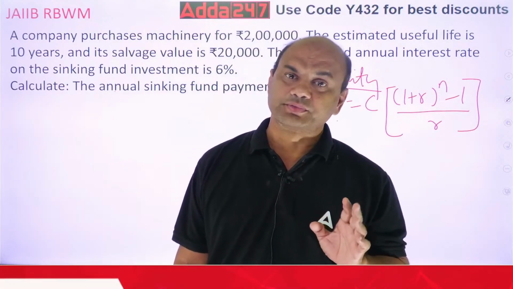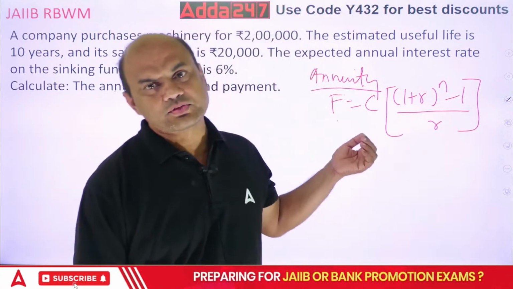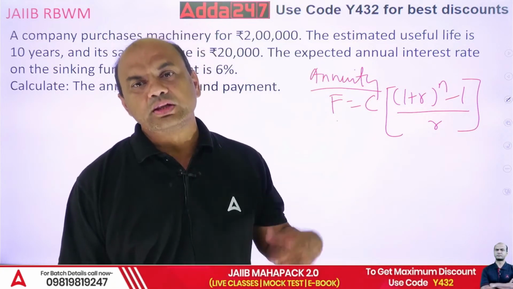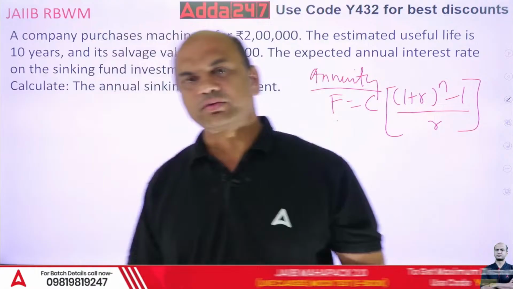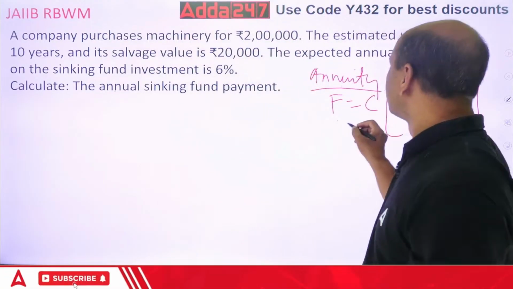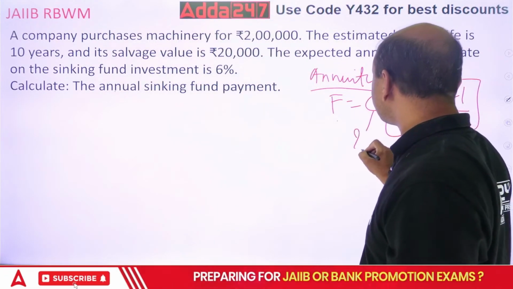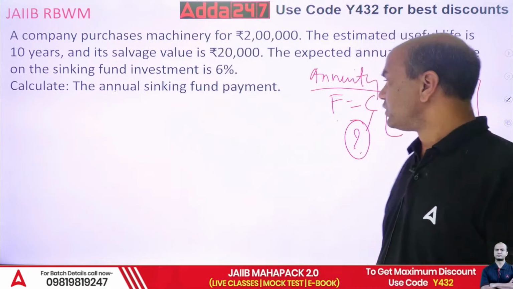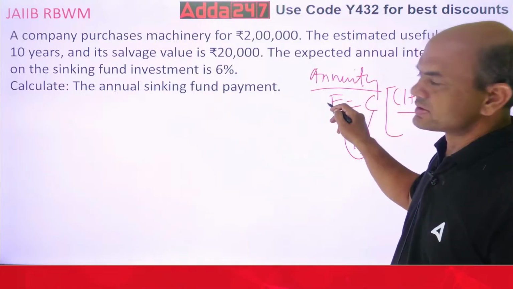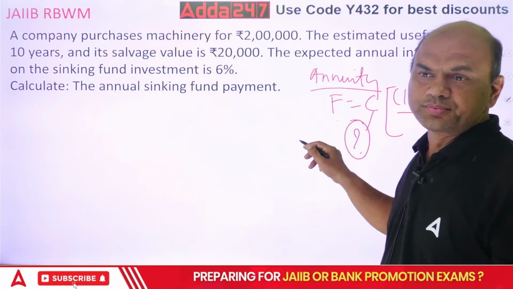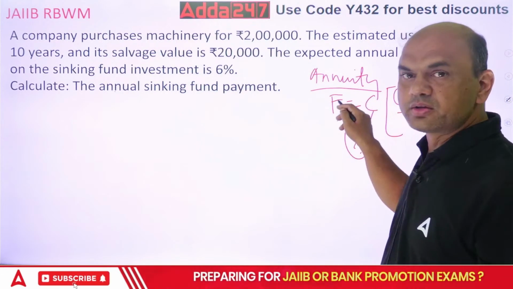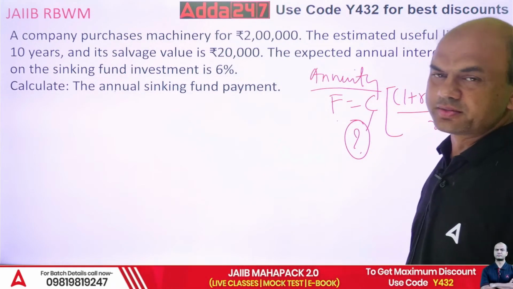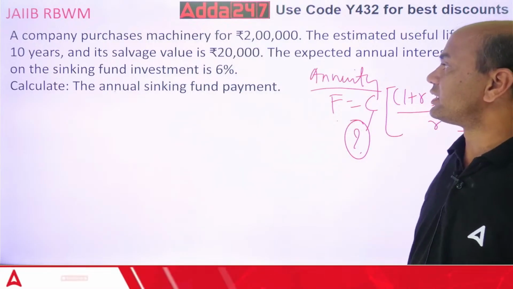Now this future value is the same as your sinking fund. The only difference is that in the sinking fund method, you know F, and you don't know C, the sinking fund every year. That is what you have to calculate.